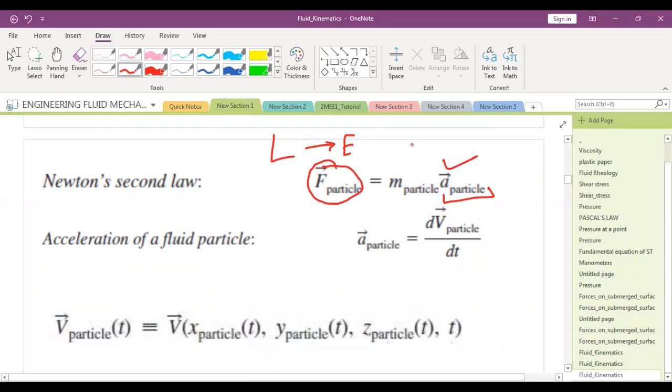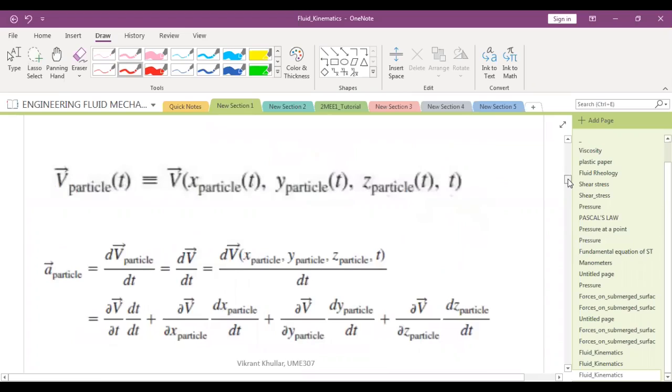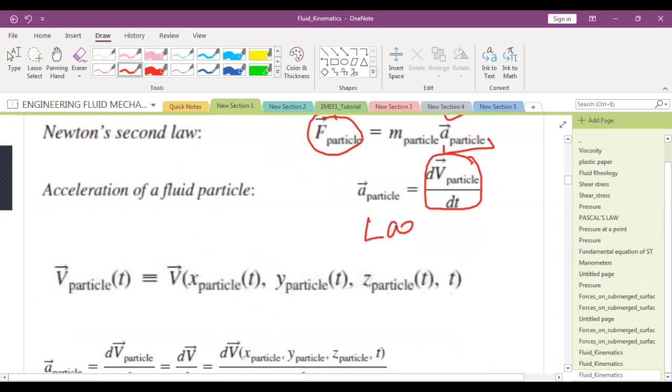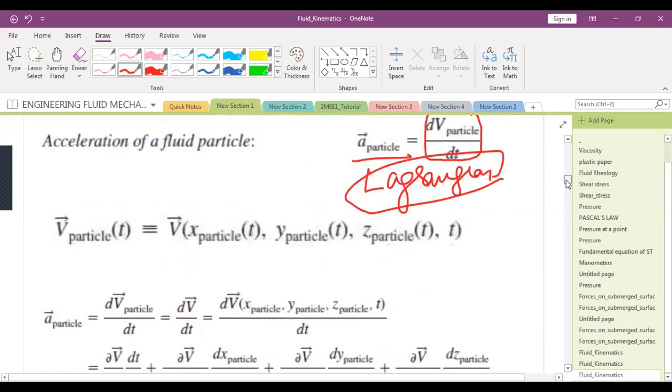And as far as the particle is concerned, we can define its acceleration as the rate of change of velocity with respect to time. So this is the Lagrangian approach. That is, we are defining the acceleration of the particle by tracking the change in velocity of the particle with respect to time.